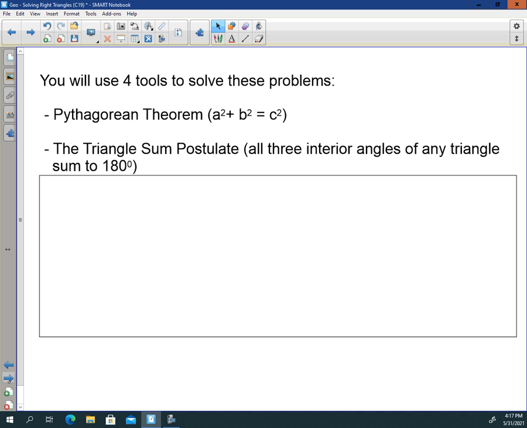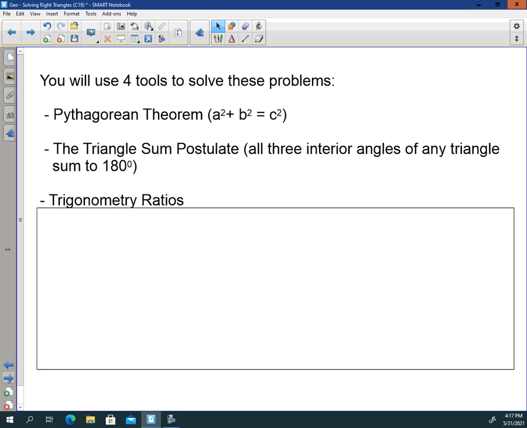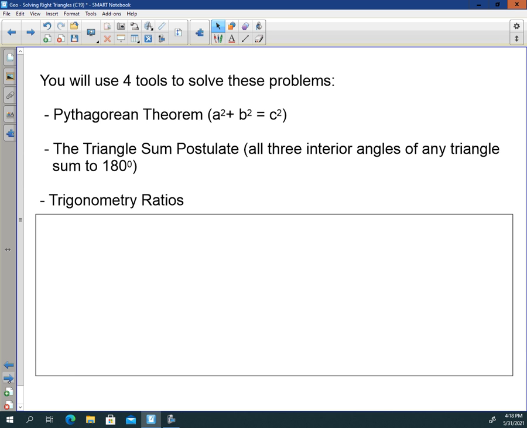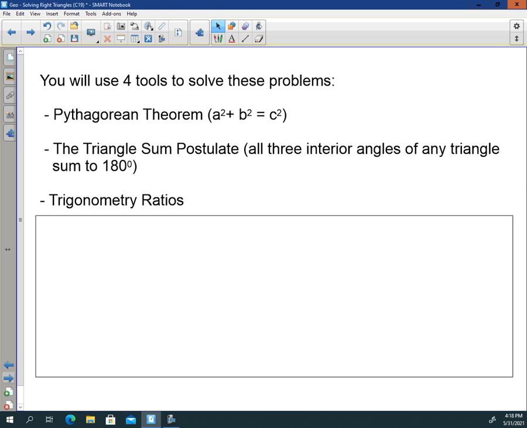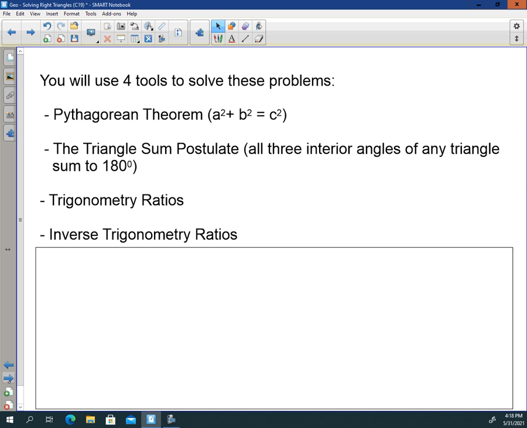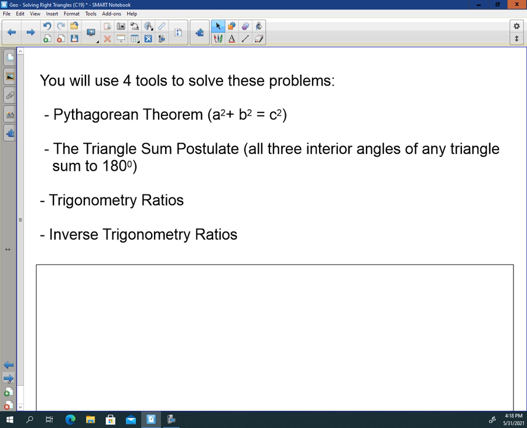This is what you use when you know two angles and you need to find a third because you're subtracting from 180. You're going to be using trigonometry ratios because you might know an angle and a side. And then inverse trigonometry ratios. If you know two sides and you want an angle, that's where inverse comes in. You are going to be choosing between these four tools every time you go to solve one of these problems.